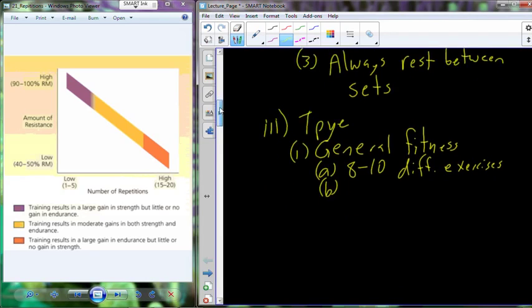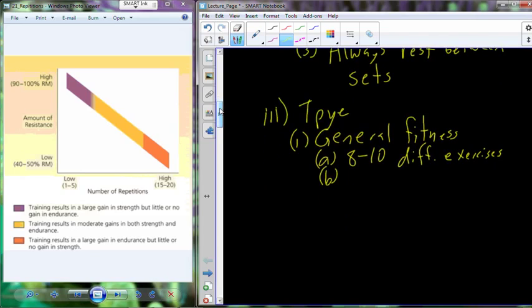Typically what we do with these 8 to 10 different exercises, and again you can divide this to the upper body on one day, the lower body on a second day, we want to start out and make sure that we hit all major muscle groups.